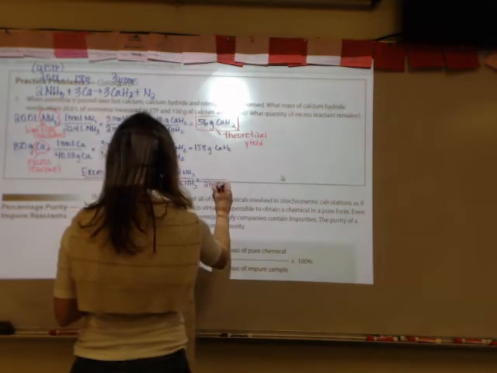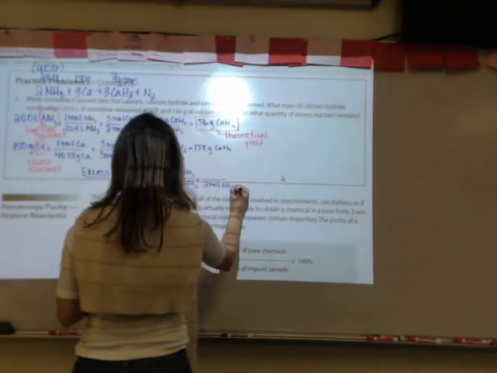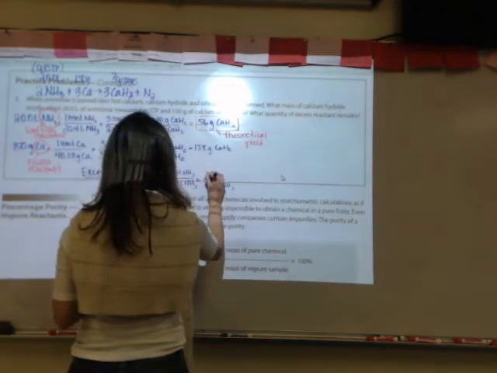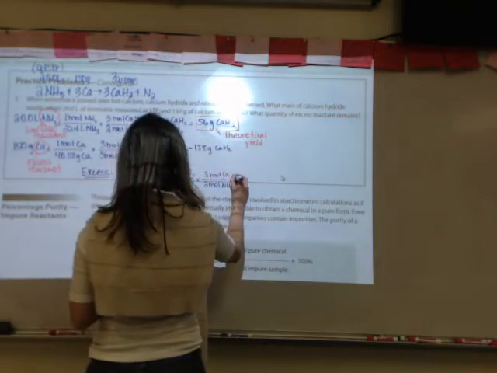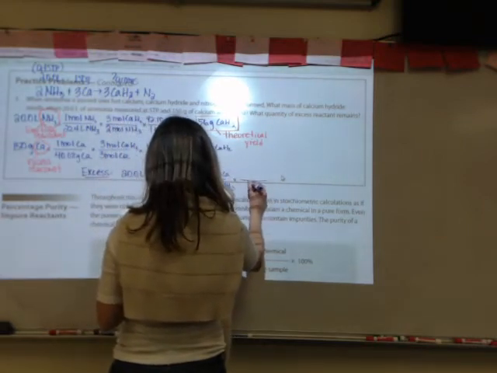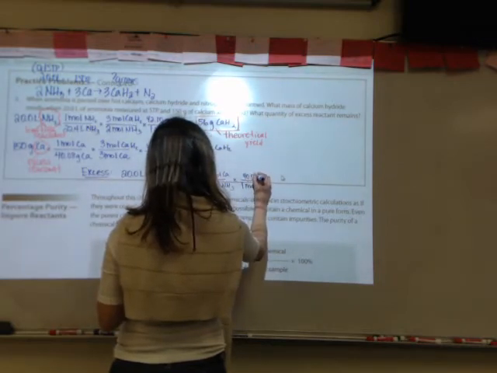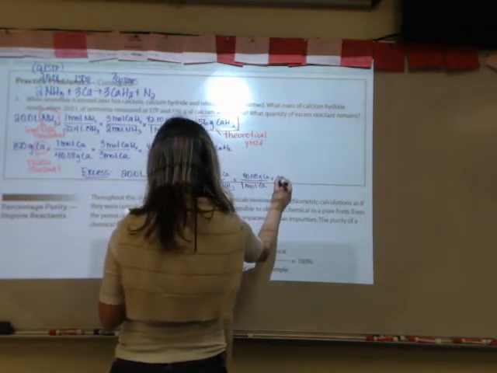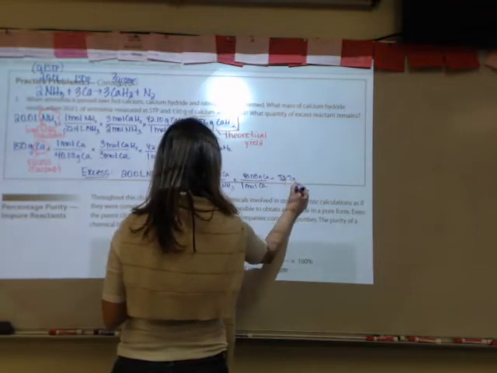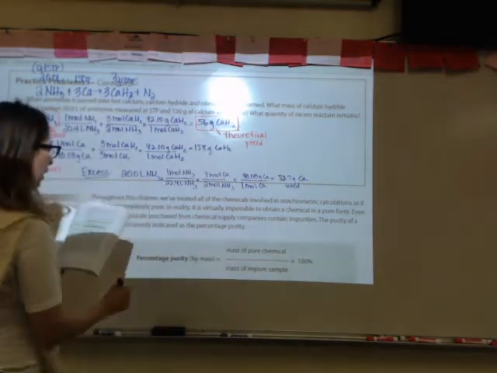And that is 2 moles of NH3 for every 3 moles of Ca. And that will give you 53.7 grams of Ca. This is how much will be used by the NH3.